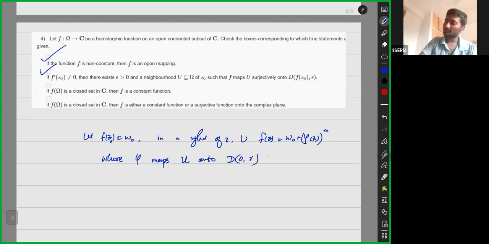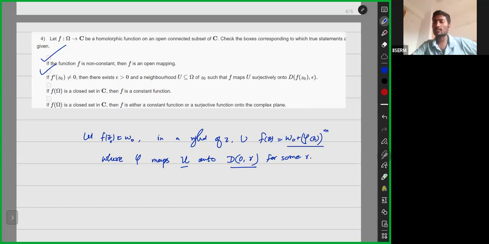For some r. When f is applied to this disk, the disk goes to the center.